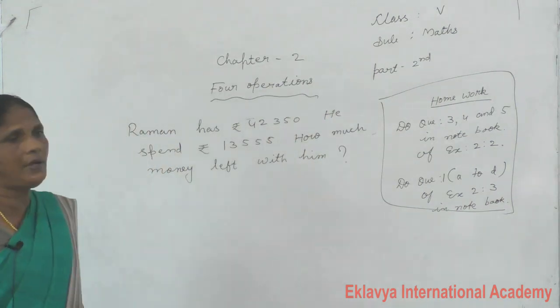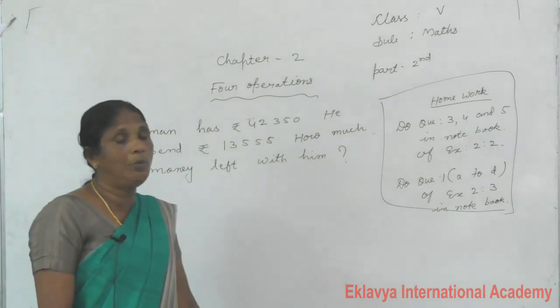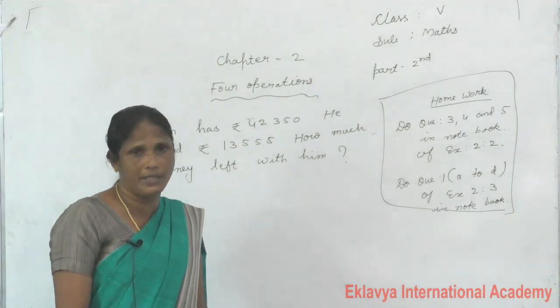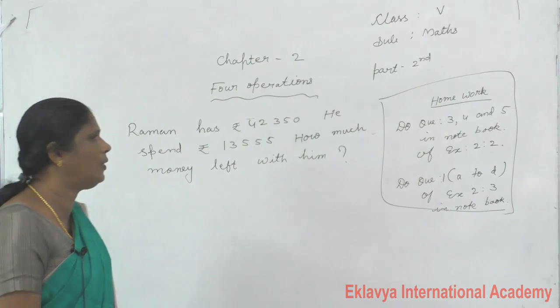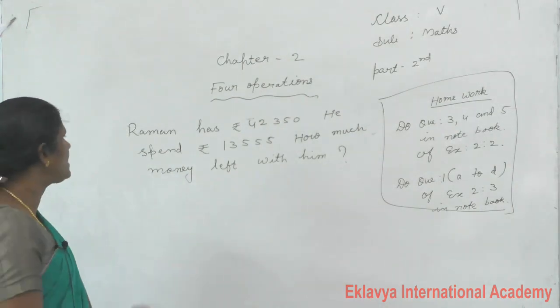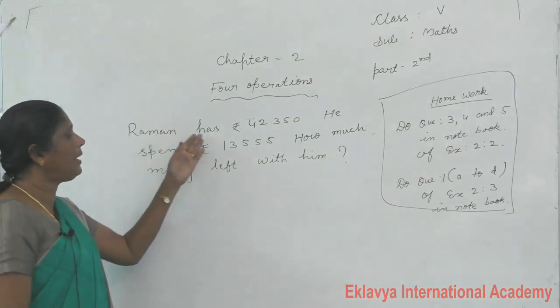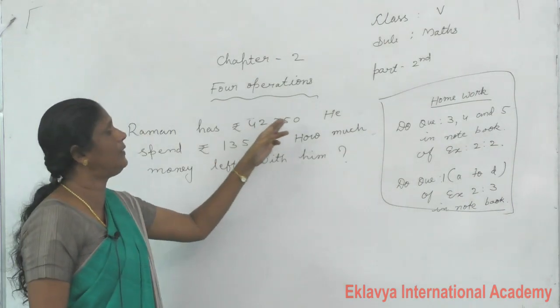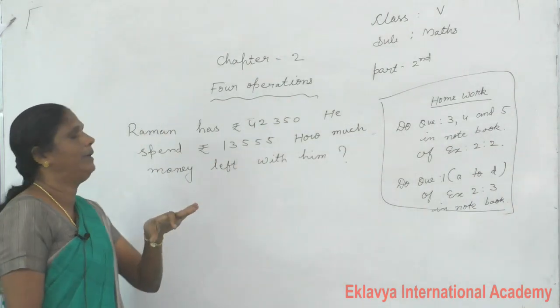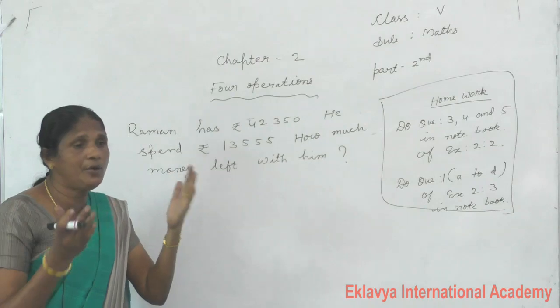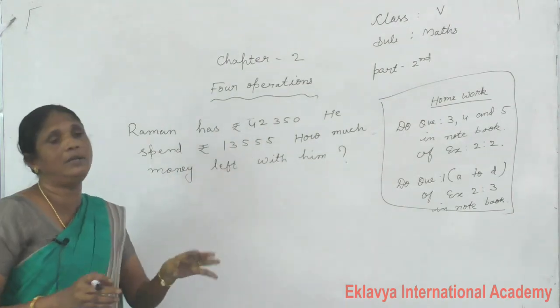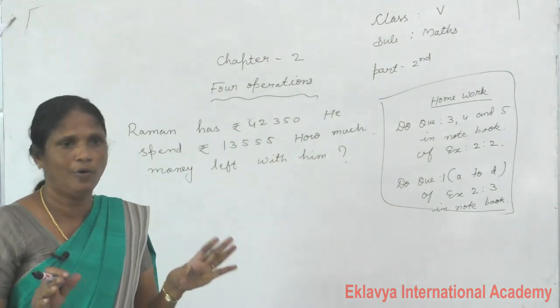In the previous class we also learned WH words do not come in a statement. First you read this. Raman has 42,350. You are Raman. How many rupees do you have? 42,350. Okay.